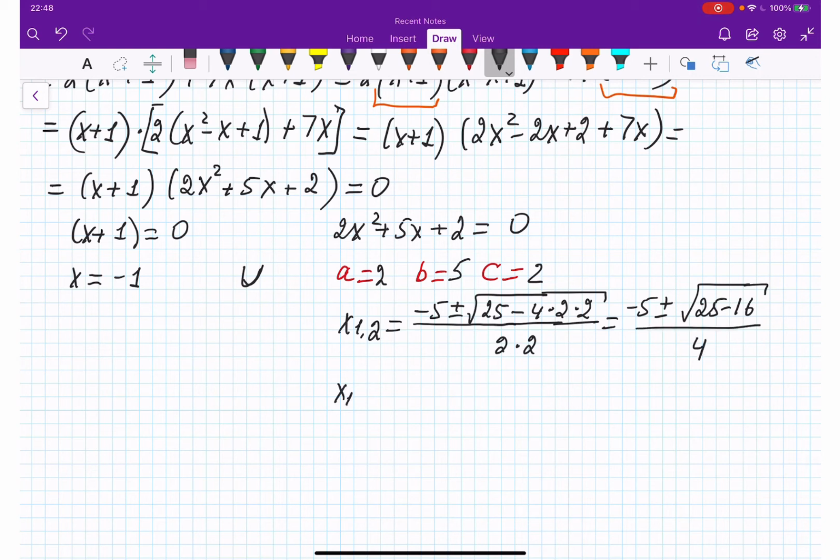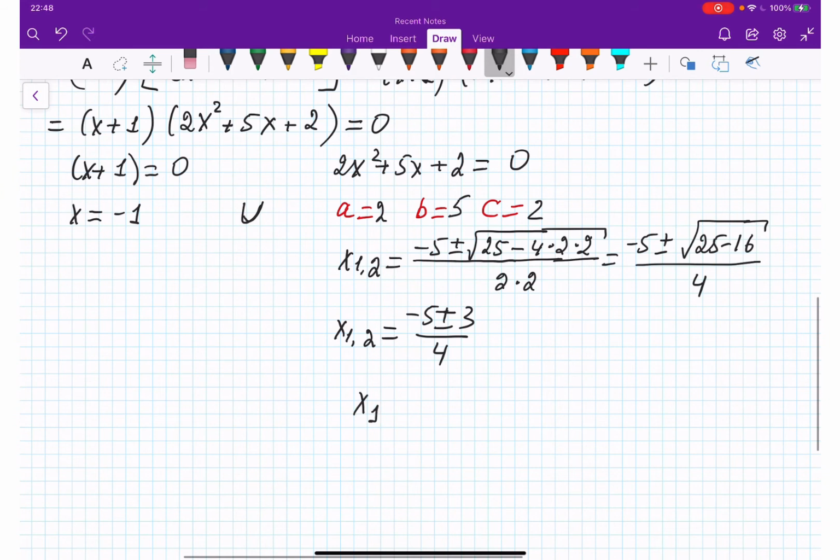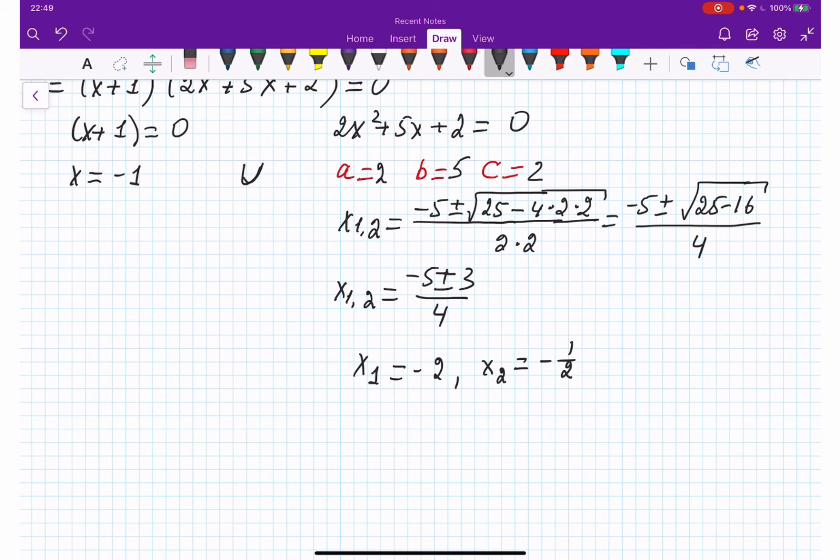And finally, x1,2 is equal to negative 5 plus minus square root of 25 minus 16, so square root of 9 is 3, over 4. And from here, x1 is equal to negative 2 and x2 is equal to negative 1/2. So which means we have 3 solutions here.